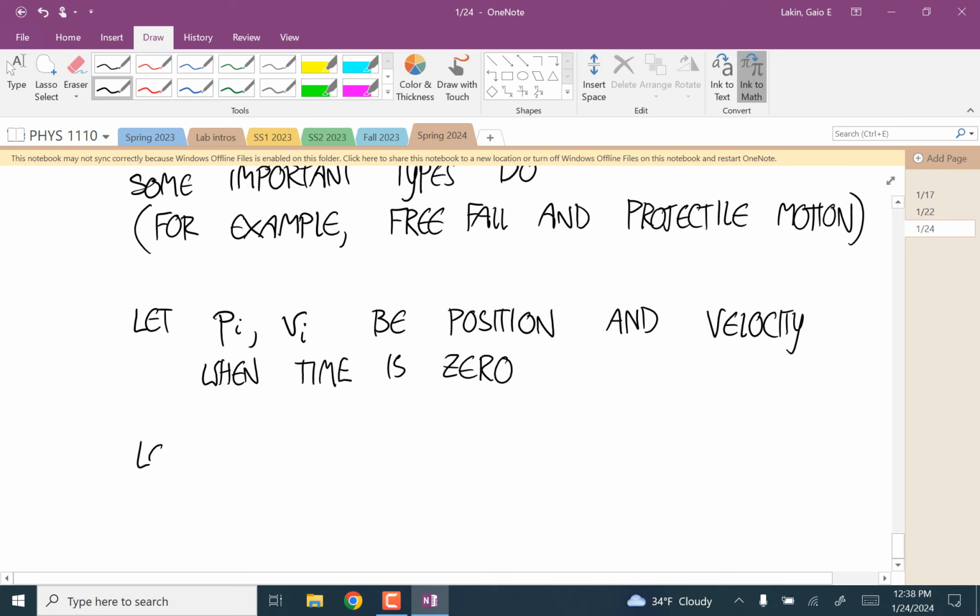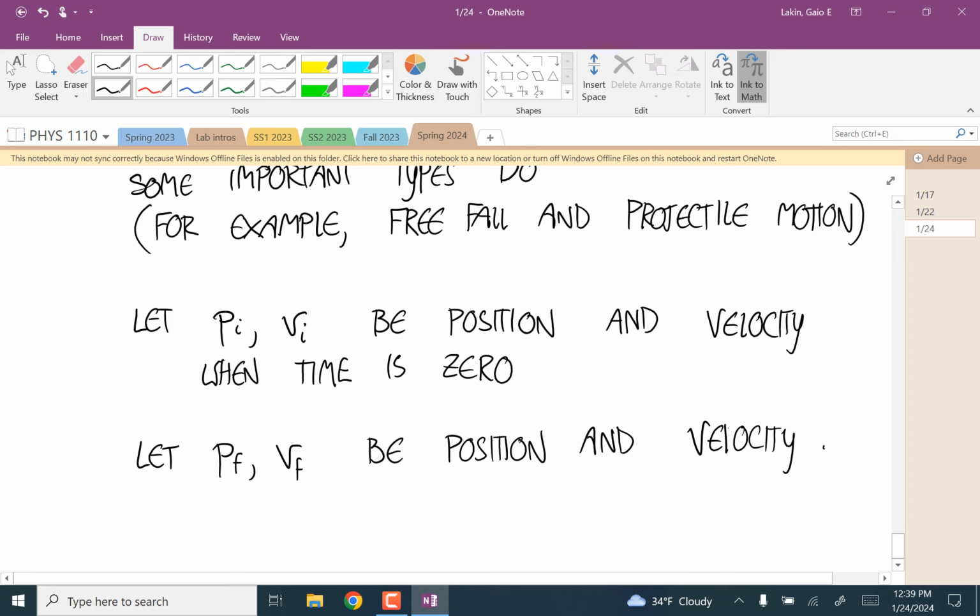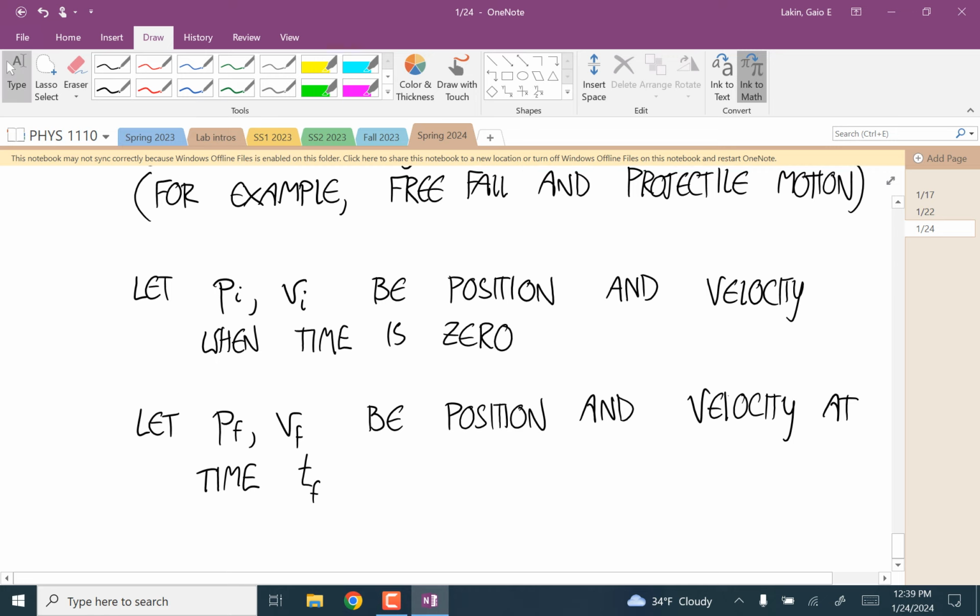And then we're going to define these other position and velocity, P sub F and V sub F. And we're going to let those mean the position and velocity at time T sub F. Okay, so that F is for final, the I is for initial. That's what those letters come from.